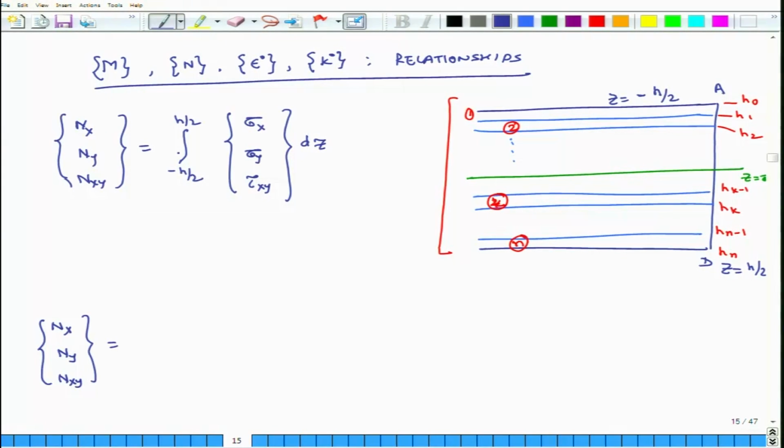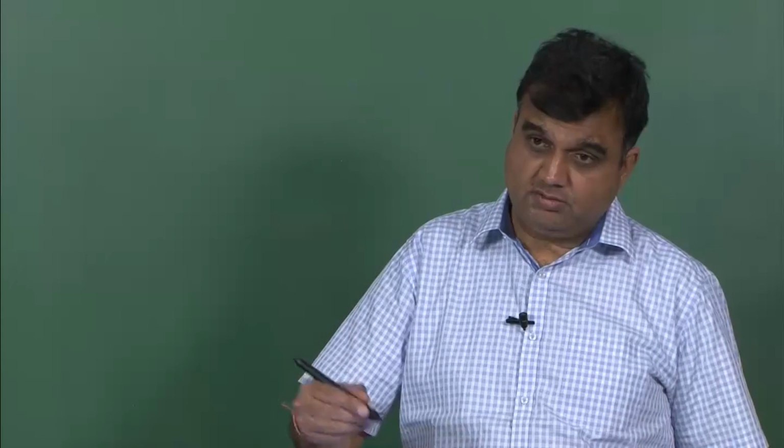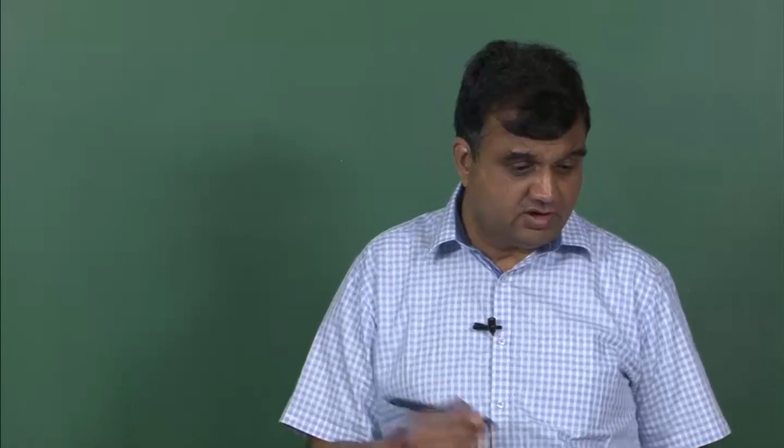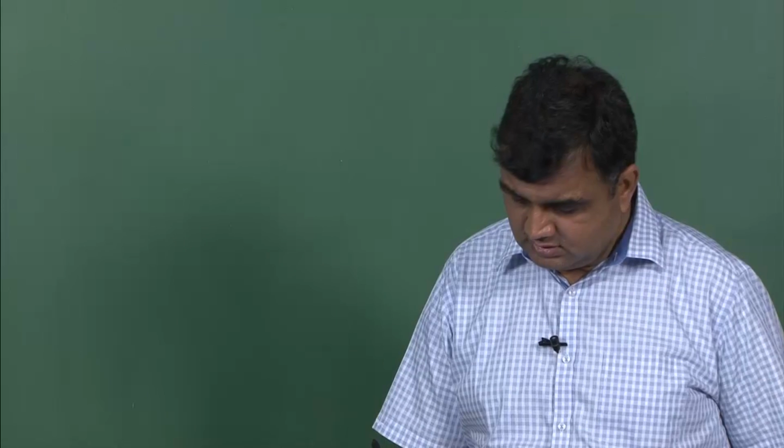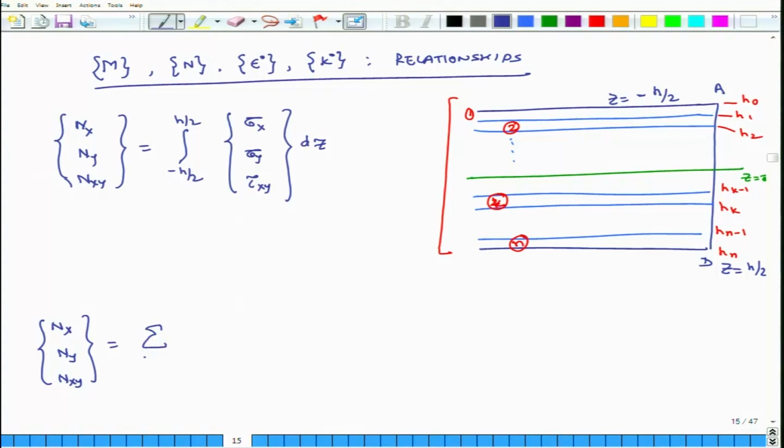So, instead of a single integral, once we go from one layer to another layer we have to add, and within the layer we can integrate, because within the layer the stress varies linearly, while across layers stress jumps. So, I have to add this thing k times, k equal to 1 to n. If there are n layers, I have to do n additions, and within each layer I integrate. Let us say I am integrating for the kth layer, so from h(k minus 1) to hk.